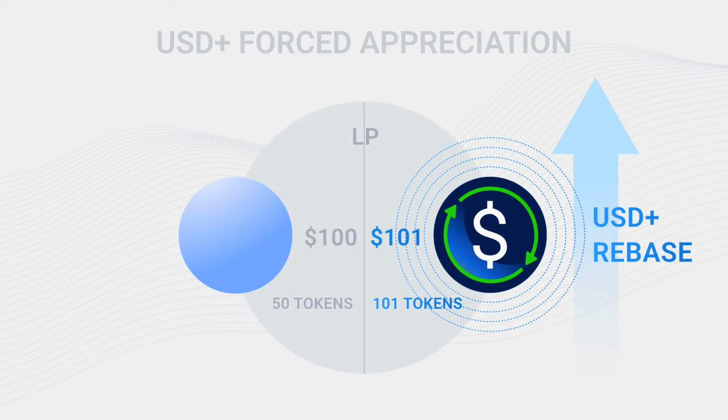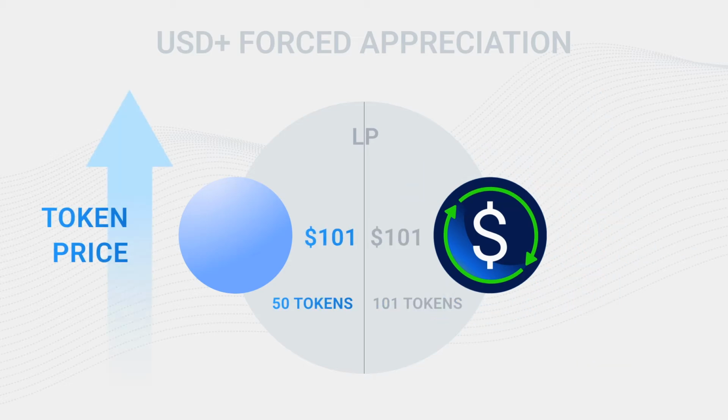As we know, a liquidity pool has 50% of both assets, and arbitrage bots are going to make sure this is the case, meaning that your token price has to appreciate as well because your other half of the liquidity pool has also appreciated. That is exactly what is shown here. We have the new price for the token due to the USD Plus appreciation.